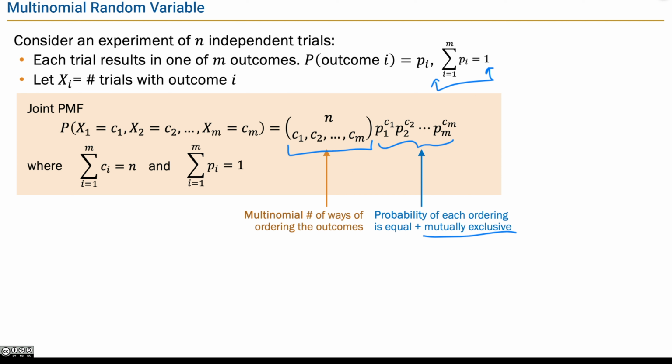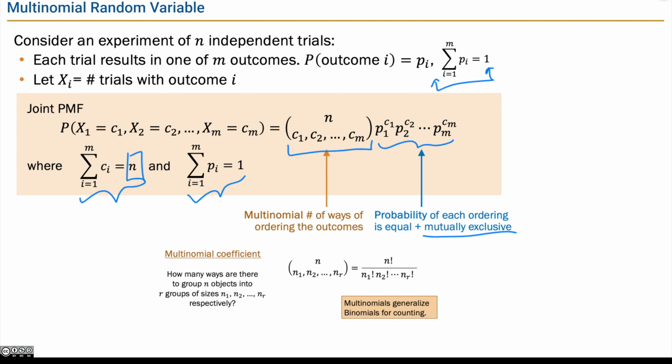The probabilities of all the different red, blue, green marbles have to add up to 1. And the counts, 4 blues, 3 reds, 2 greens, have to add up to N, the total number of draws I'm doing at the end of the day.